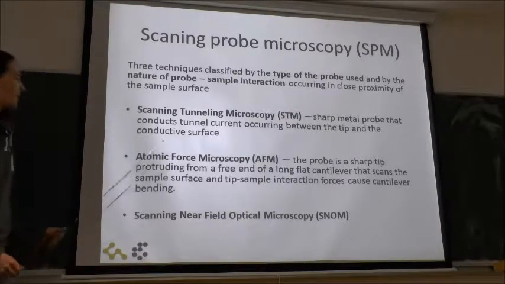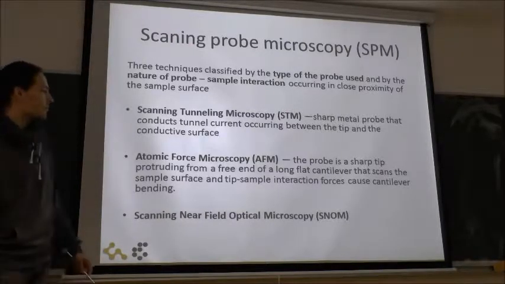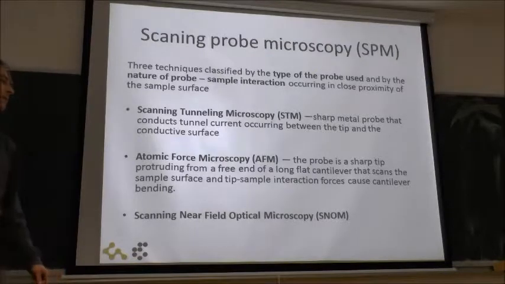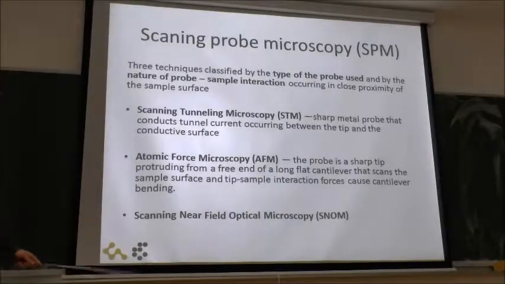Then we have the AFM, where we use the probe with the tip, and we touch the sample, and then we observe the interaction between the tip and the sample to observe the images.